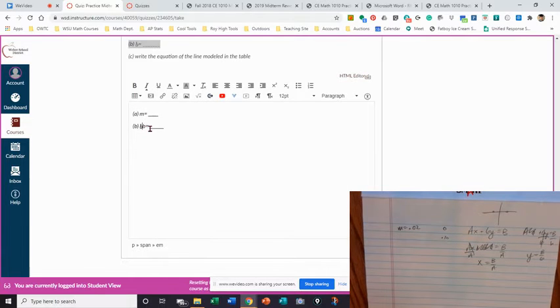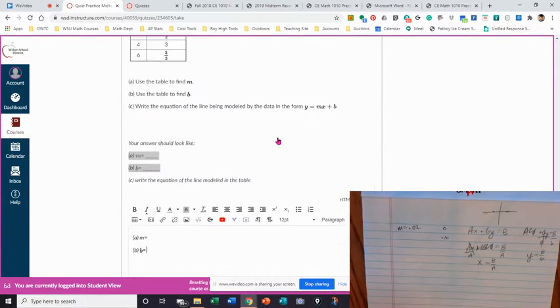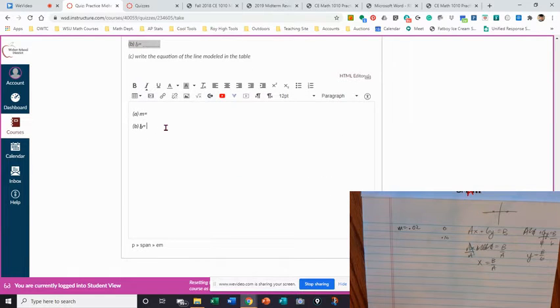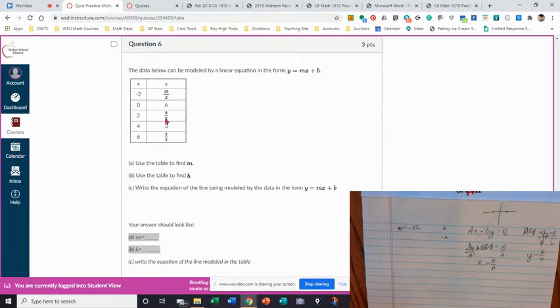M equals, I don't know, but b I saw. If I look up here, b is the y-intercept, and there it is, 0, 6. For m, I'm just going to use these 2 points right here.